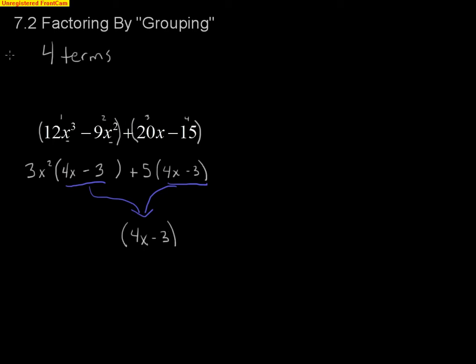And then what I have left over, right here with the 3x squared and the plus 5, those combined will give me my other factor of 3x squared plus 5. I can always double check my answer by foiling this back out, and I'll get my original answer there. So let's look at another one.